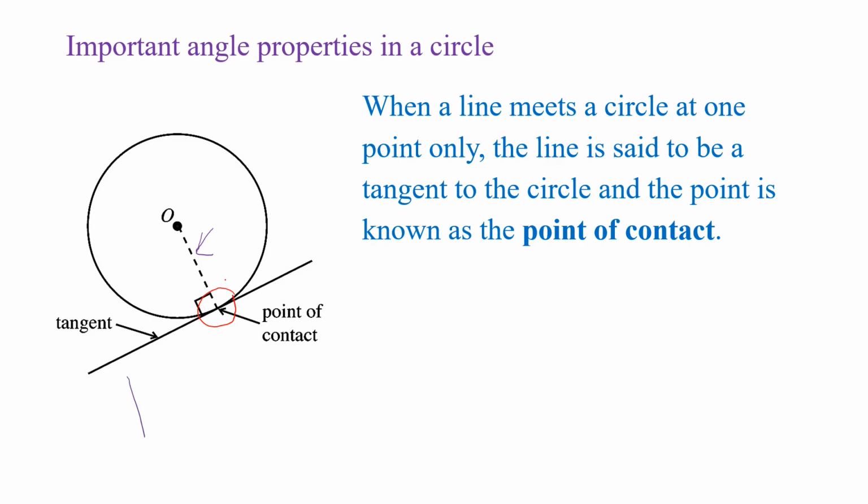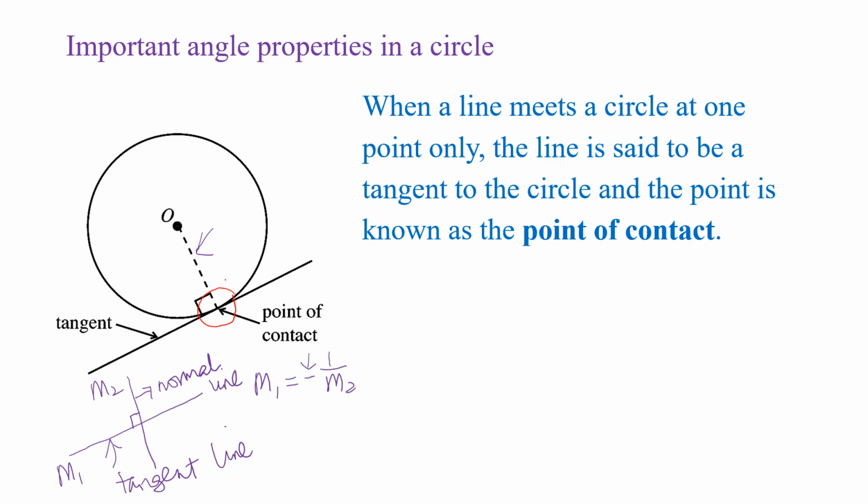Recall from the chapter on coordinate geometry, if I let the gradient of the tangent line be m1, the gradient of the normal line be m2, then m1 equals negative 1 divided by m2. There's a negative there. A lot of folks forget to put the negative there. Or you can find m2 if you're given m1.